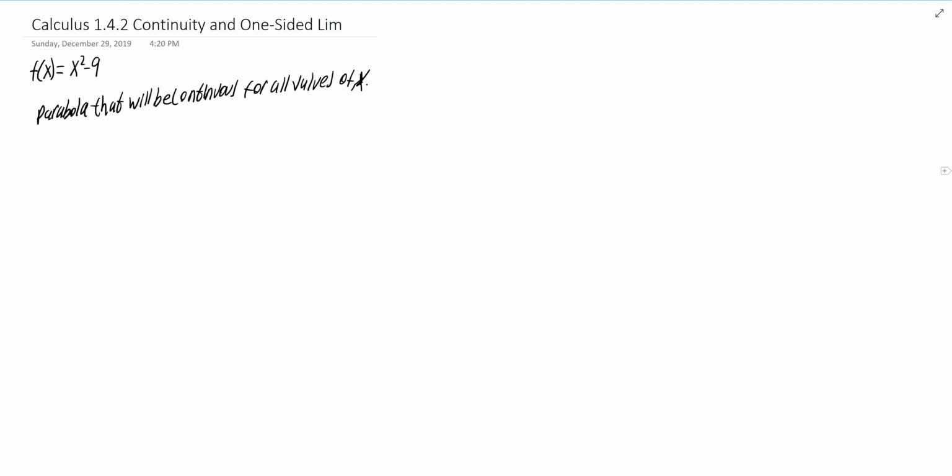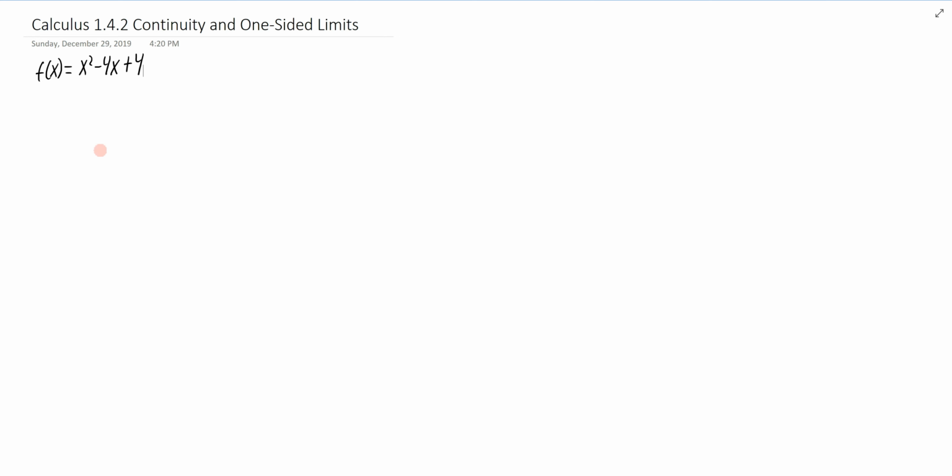So for this next problem here, it might not look too similar to the last one because we now have this coefficient with this x variable, and we didn't have an x variable previously, but once again, our highest degree is to the second power, so we know that this is a parabola. And as we did with the last problem, we know that parabolas are always continuous. This one is no different.